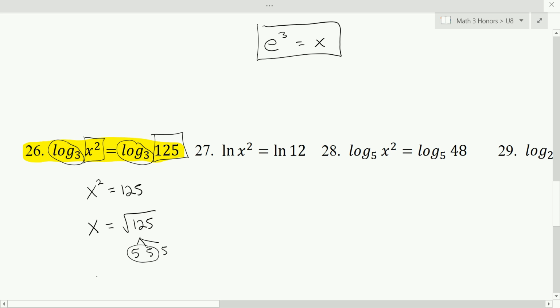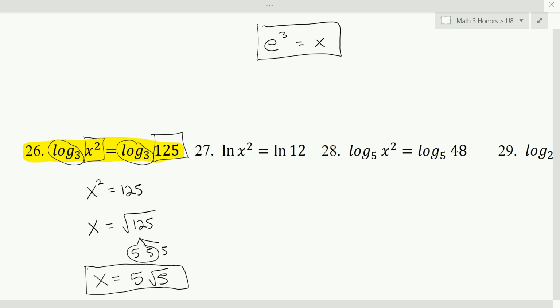And so this is going to end up being x is 5 square root of 5. Square root of what is 15? 15 would be 225. So it is plus or minus. It has to be plus or minus.